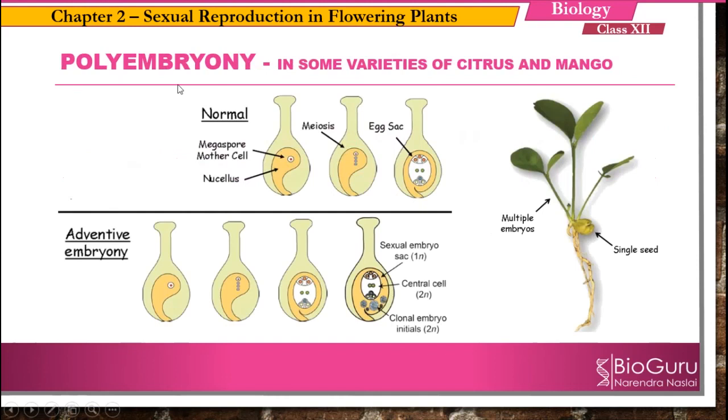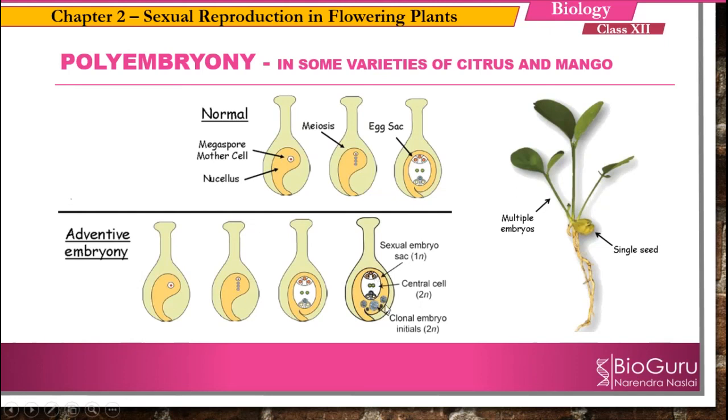Okay, here there is one more condition called polyembryony in some varieties of citrus and mango. The seed contains more than one embryo. In the normal process, a megaspore mother cell undergoes meiosis and forms a normal embryo sac having a haploid egg cell. After fertilization, it develops into a single embryo. But in some varieties of citrus and mango, what happens?